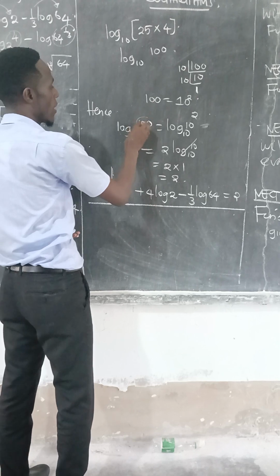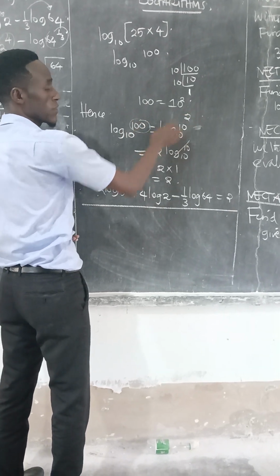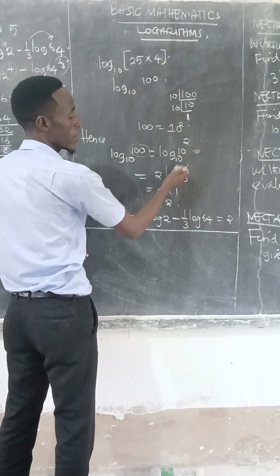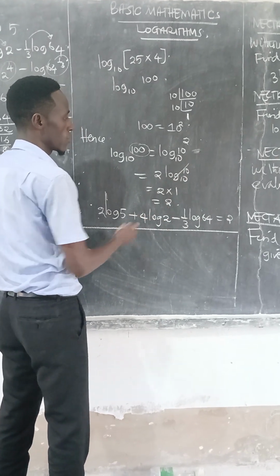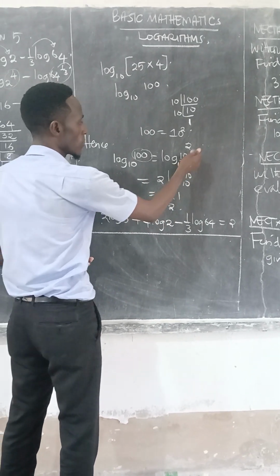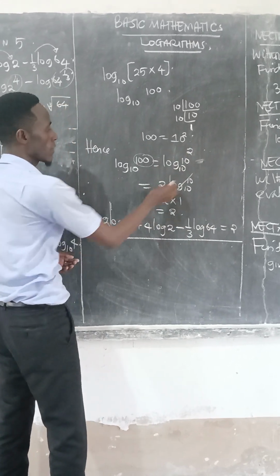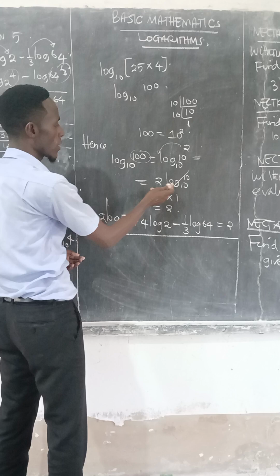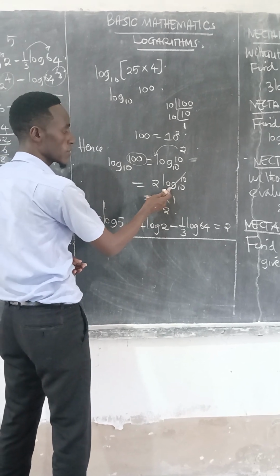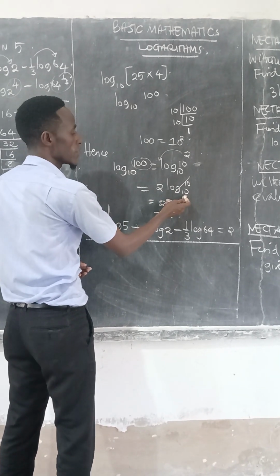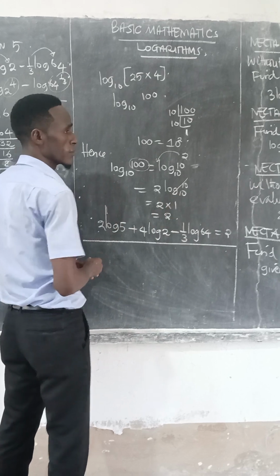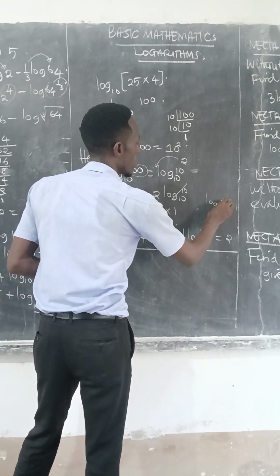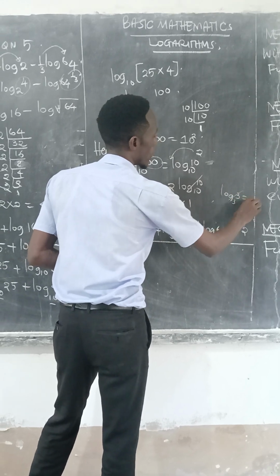Inside there is 10, which is squared. Here the exponent law is applied: when you have the power, the 2 will fall down. So in this way, you have 2 logarithm of 10, base 10, which is equal to 1.